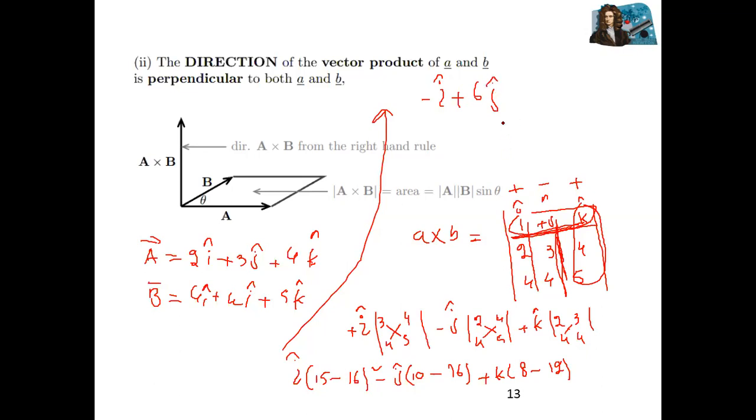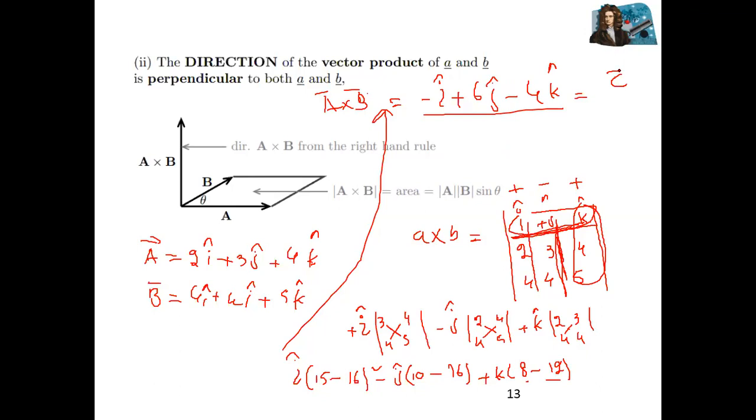And the last one, 8 minus 12 is minus 4, equals minus 4k. Correct? This is the resultant vector. You can say C vector, or the cross product of A with B. You receive another vector, the C vector. Correct?